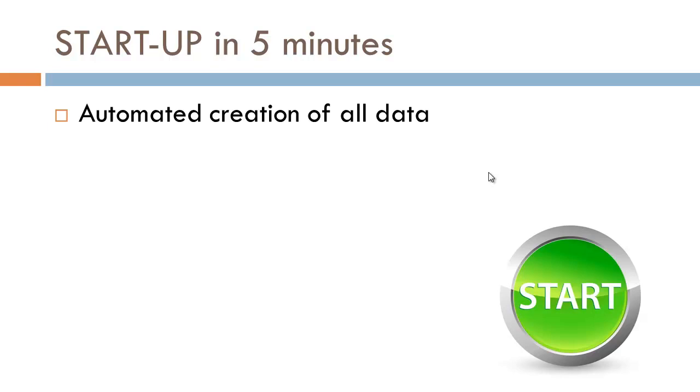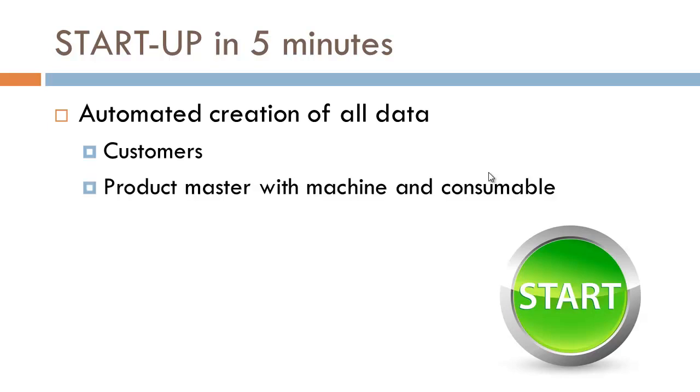So in our Success ERP we have automatic creation of all the data, and all the data are customer addresses, customer data. We have the complete product master. The product master itself is divided into the machines, so the model with the serial number and everything else, and the consumables, which are used by the devices.